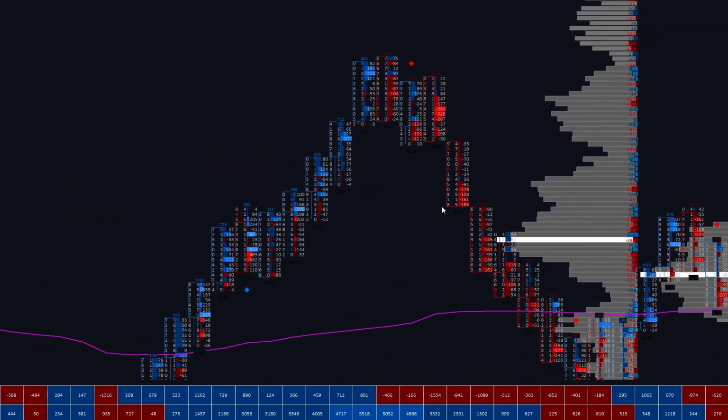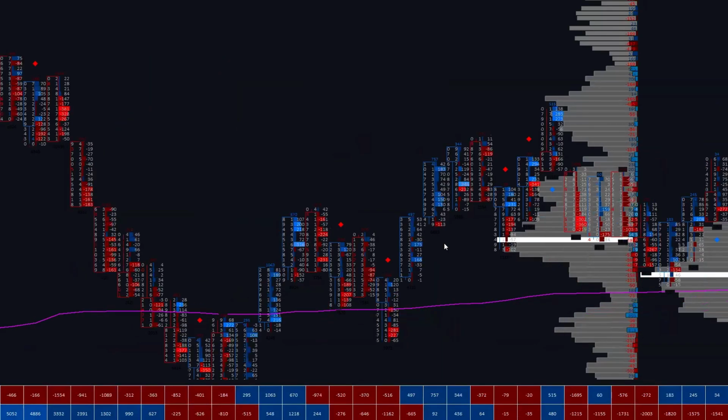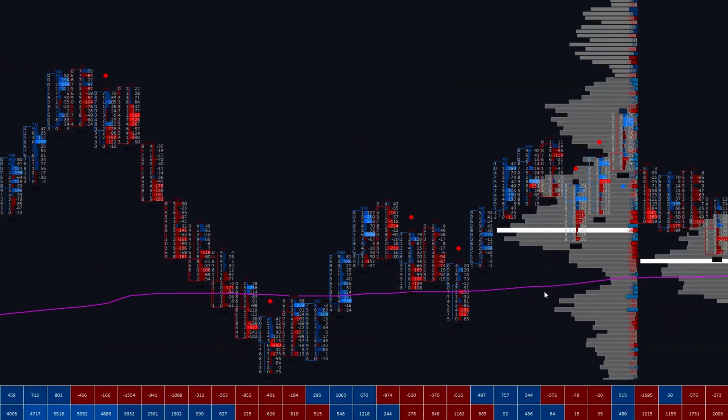Now I can look at this on a 2-minute, a 5-minute. It doesn't matter what kind of time frame or what kind of candle specifics we're looking at, but it matters more how the interactions are coming through with these buyers and sellers and the overall imagery of the context that's shaping out.